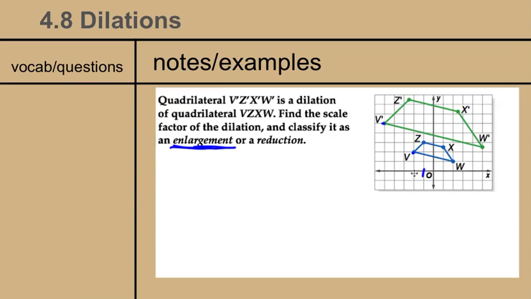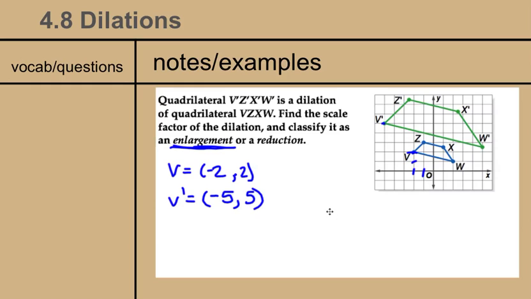I have to go back 2 and up 2 to get to V. So the values of V are negative 2, 2. The values of V prime, or its image, are negative 5 and up 5. The x value and the y value.